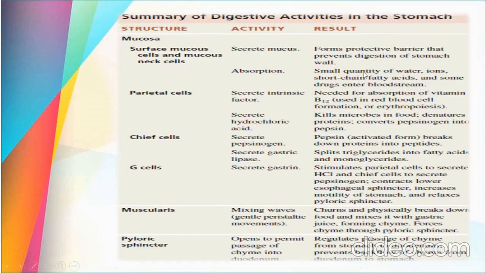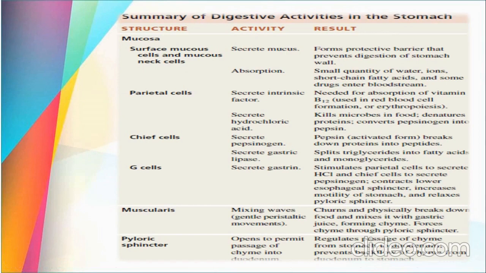Now next is the summary of digestive activity in the stomach. First one is the mucosa, in which the surface mucosa cells and the mucous neck cells secrete mucus and carry out absorption. Next one is parietal cells. They secrete the intrinsic factor and the hydrochloric acid.